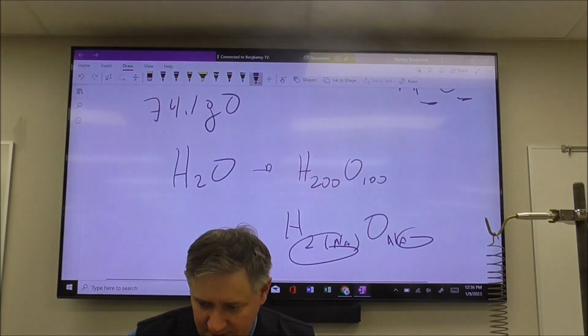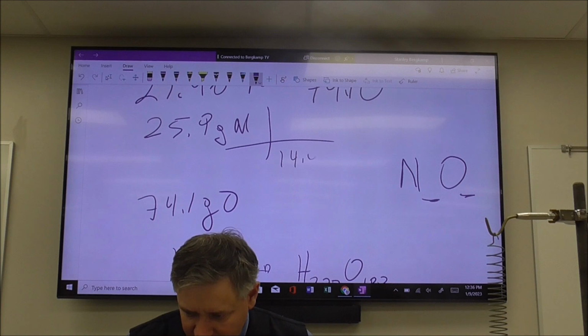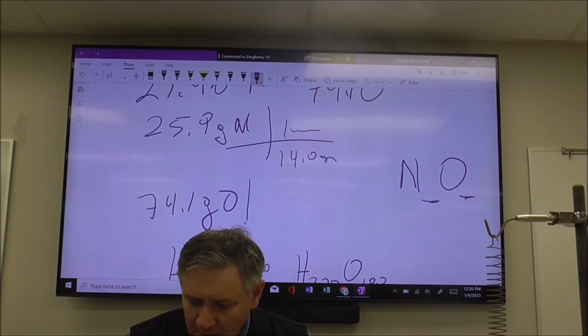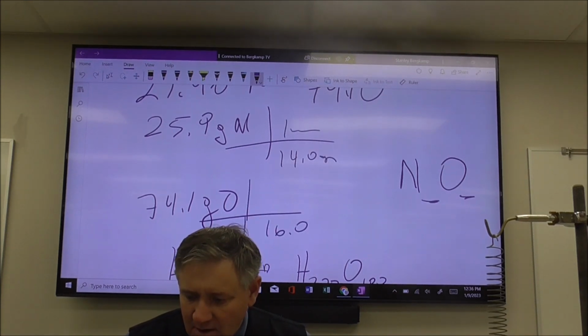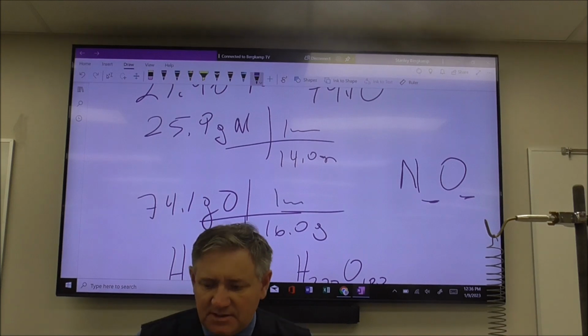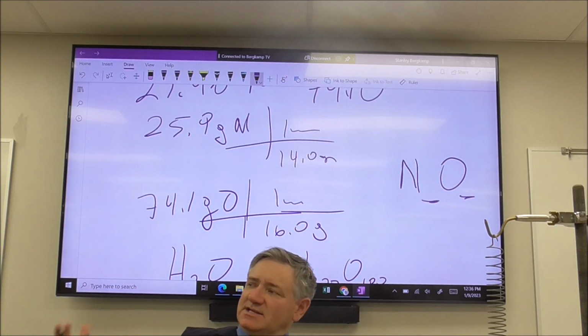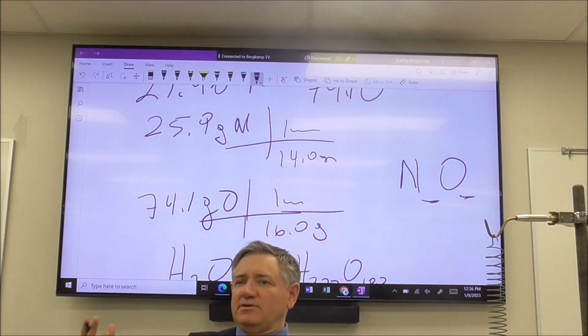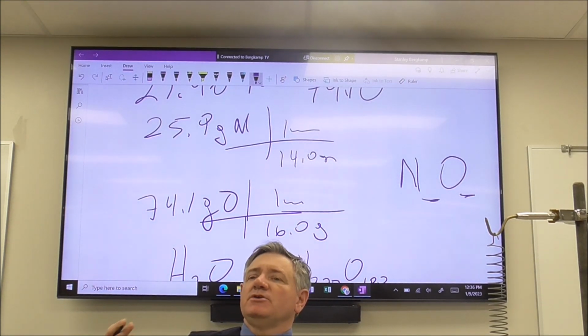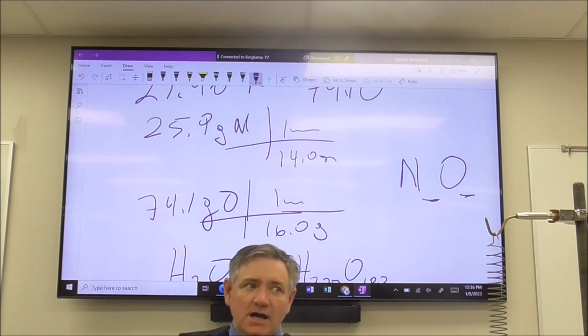So, nitrogen is 14 grams per 1 mole, oxygen is 16. Now, the reason that we're using 16 and not 32 is because you don't know if this is collected as a gas. You weren't told that it was specifically oxygen gas. You just know that it's oxygen.